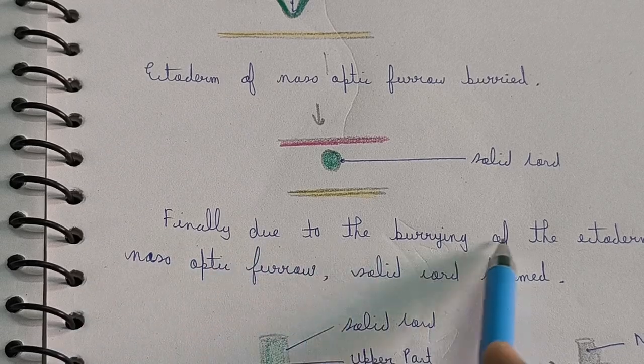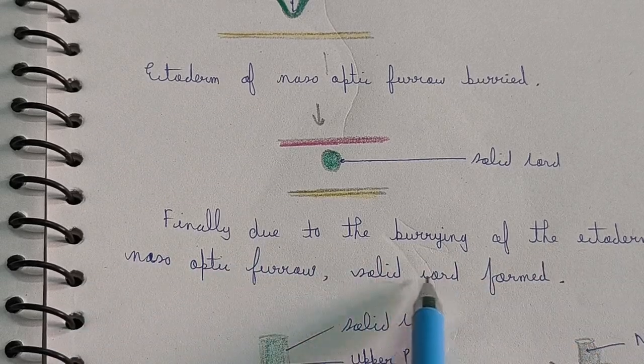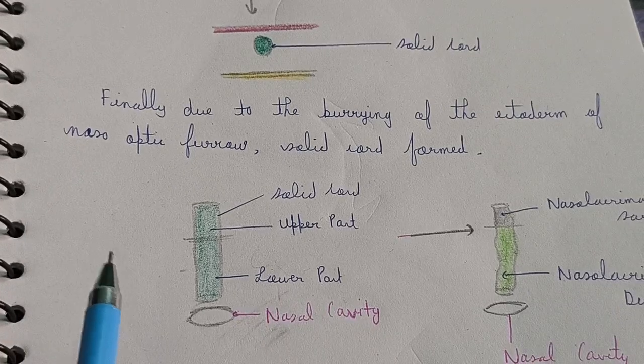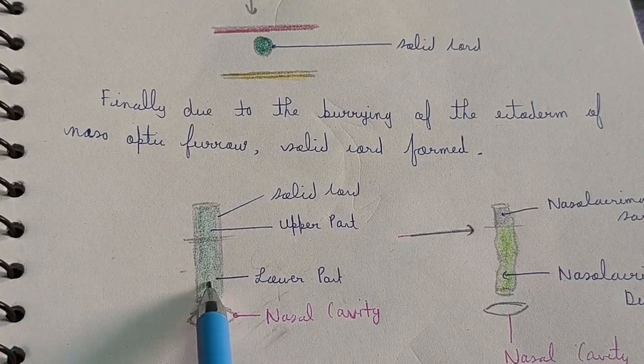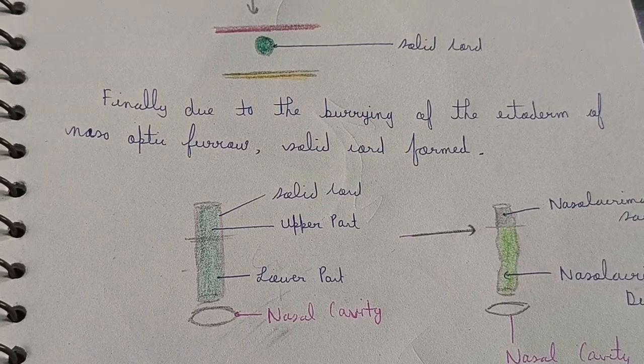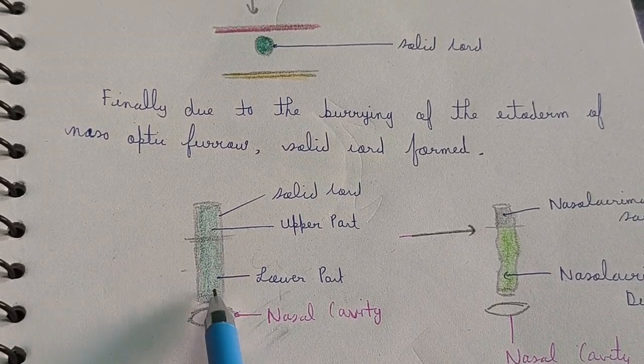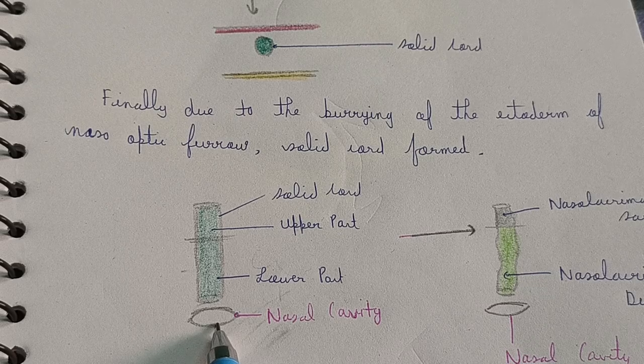Finally, due to the budding of the ectoderm of the naso-optic furrow, a solid cord is formed. This is the upper part and this is the lower part, and you can notice that the lower part is in contact with the nasal cavity.